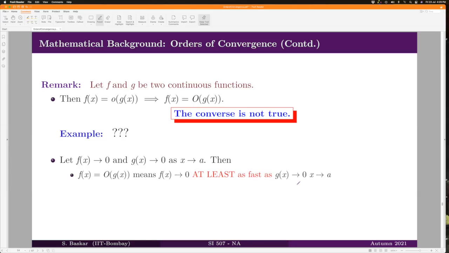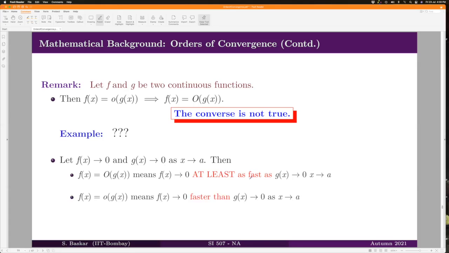Then from the definition, you can understand the intuitive meaning: big O means f of x is tending to 0 at least as fast as g of x tending to 0 as x tends to a, right? It means either f of x is tending to 0 faster than g, or at least as fast as g is tending to 0 as x tends to a.